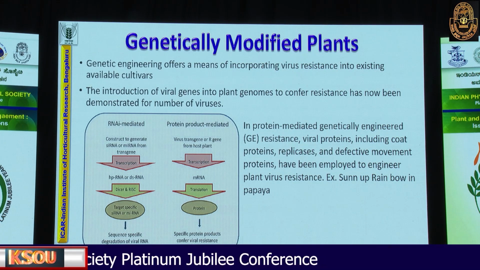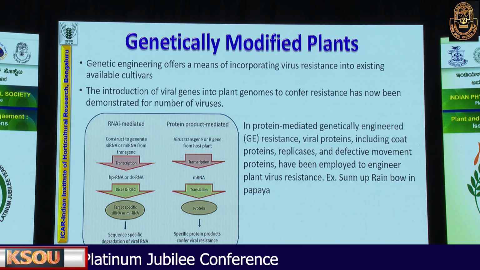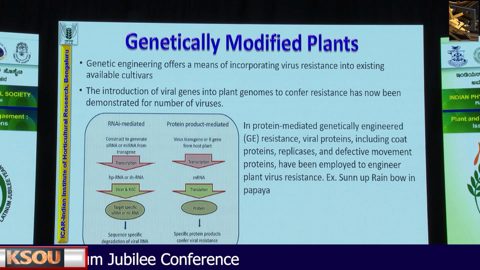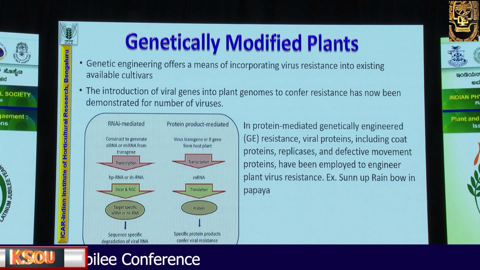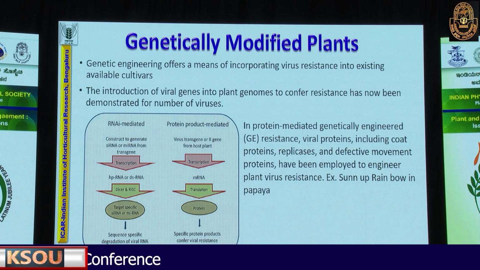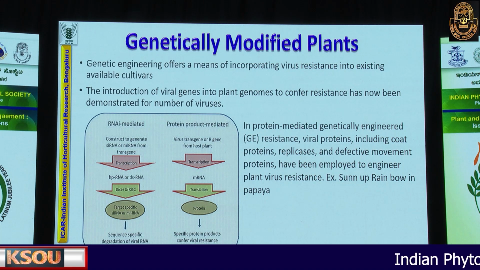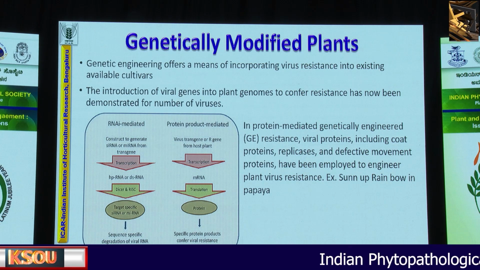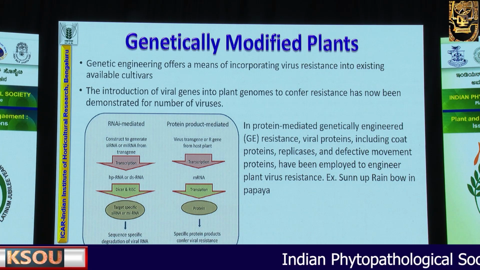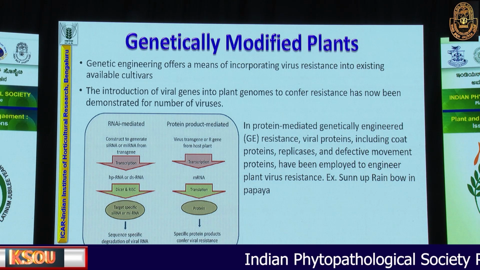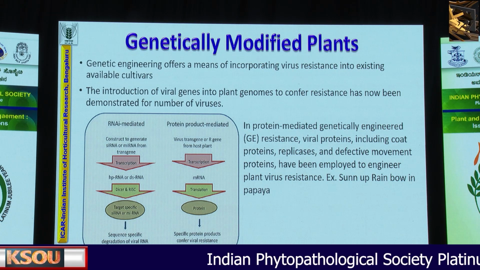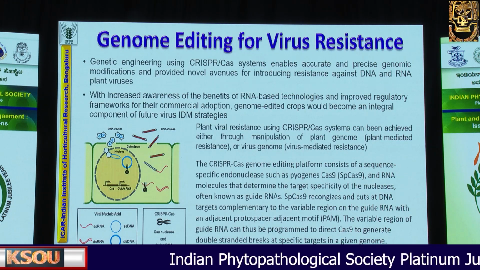Though I am not dealing much with transgenics, coat protein-mediated transgenics have been developed for a few cucurbit viruses, especially papaya ringspot virus, cucumber mosaic virus and zucchini yellow mosaic virus, in Europe and America. But in Indian conditions, no transgenic vegetables against viruses are available or in practice.